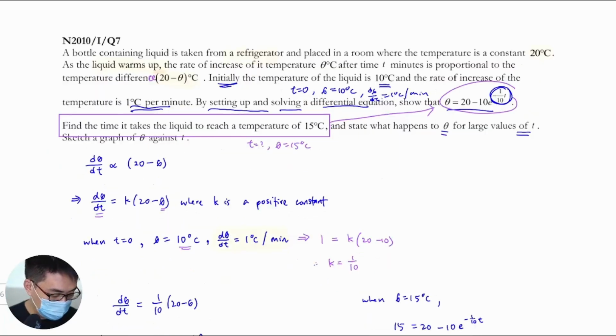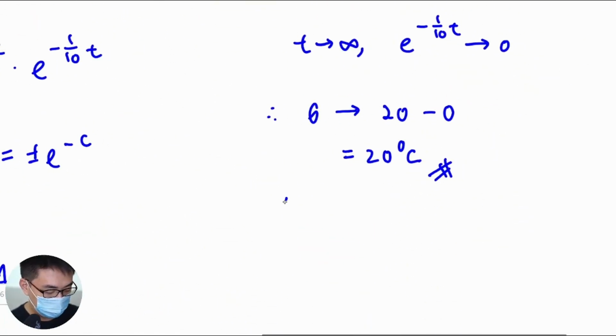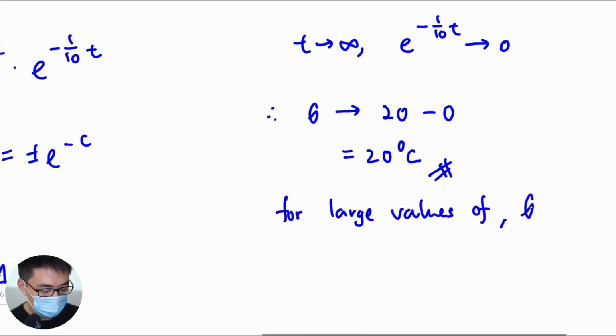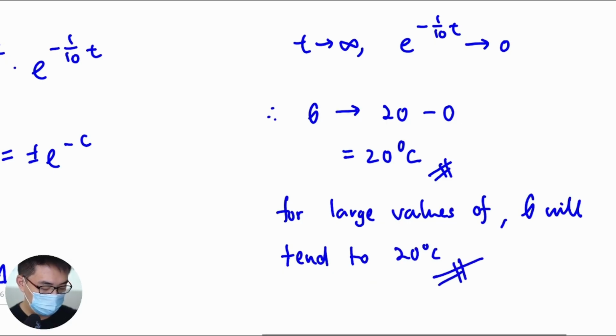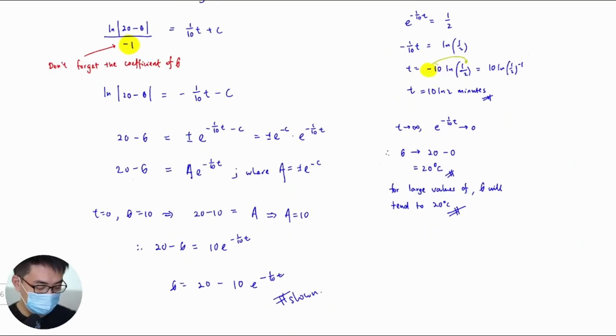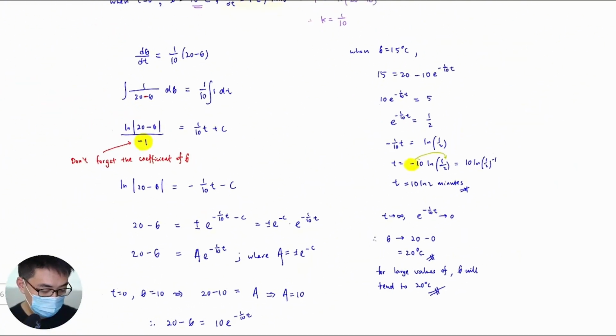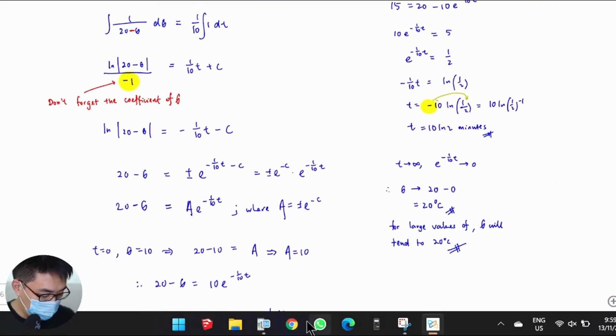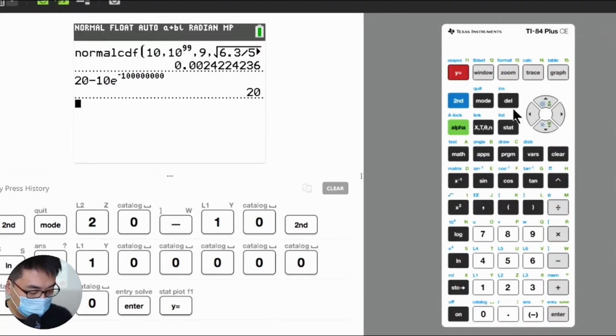So for very large t values, theta will tend to 20. Okay, and then draw the graph of theta against t. Similarly, like I say, usually what you do is you just draw, you know what you're dealing with.